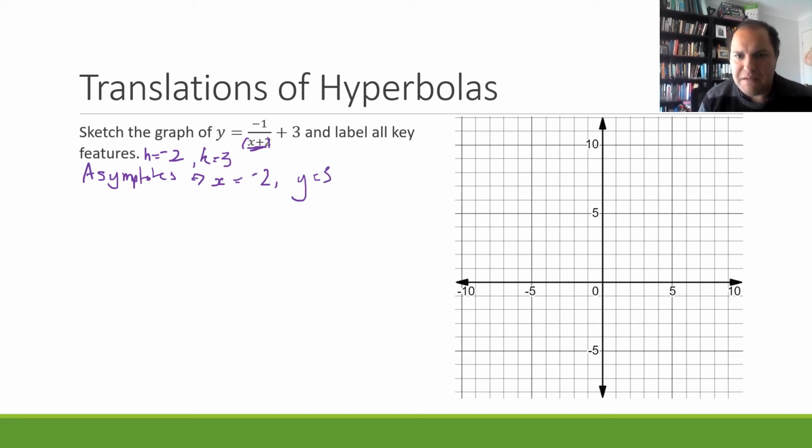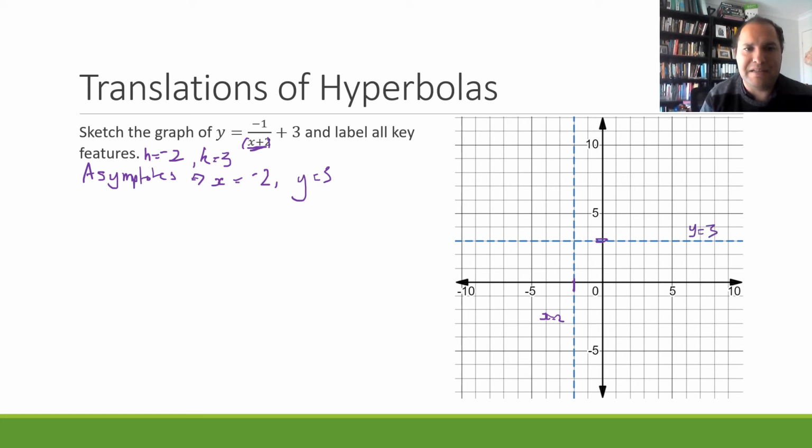So drawing those in, our first asymptote will be at x equals, that should be -2, not -3, which is right here. And then +3 is our horizontal asymptote. So drawing those in, we've got x equals -2 and y equals 3.